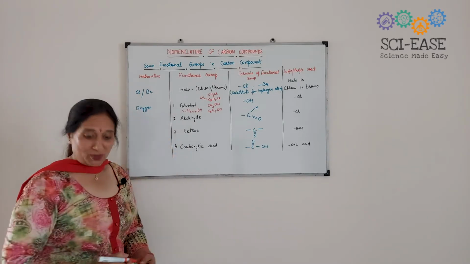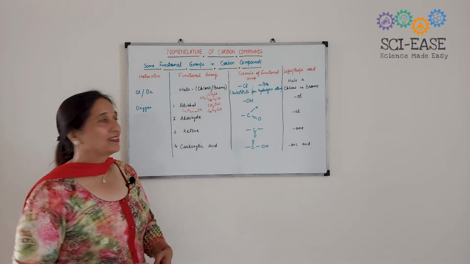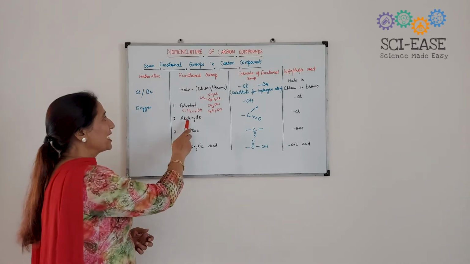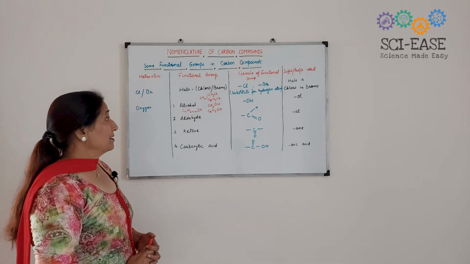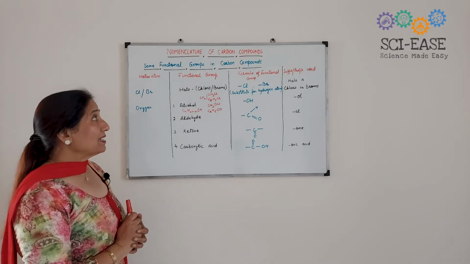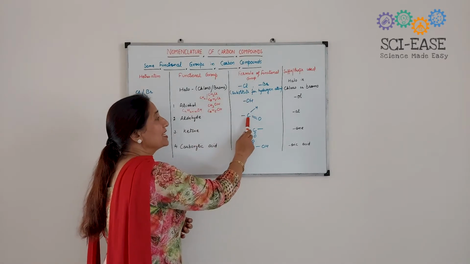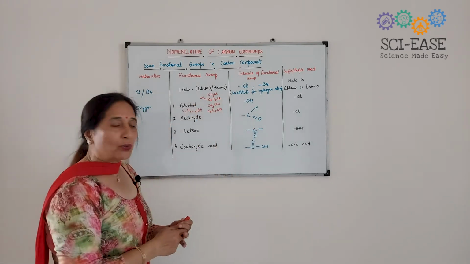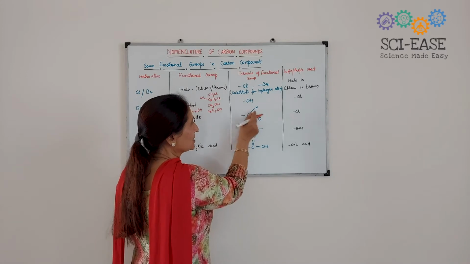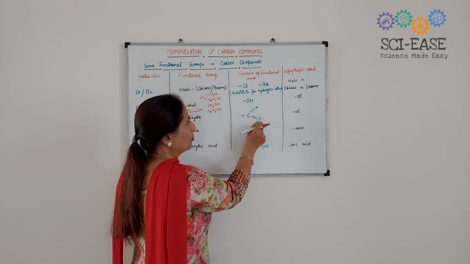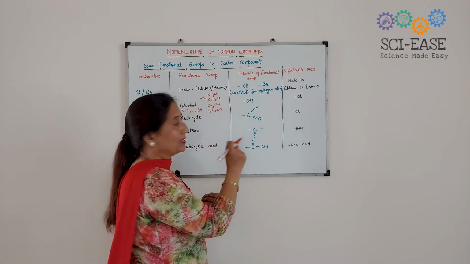Now, come to another functional group, that is the aldehydes. Aldehyde has the formula CHO. You can write it like this also. I have split it. There is a carbonyl group present. This is C double bond O, a carbonyl group present in it.